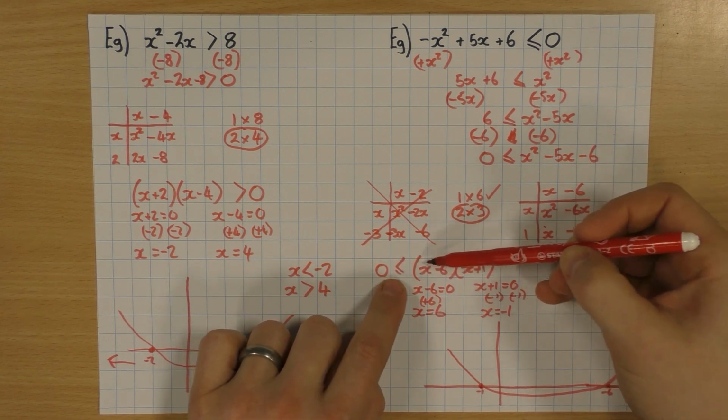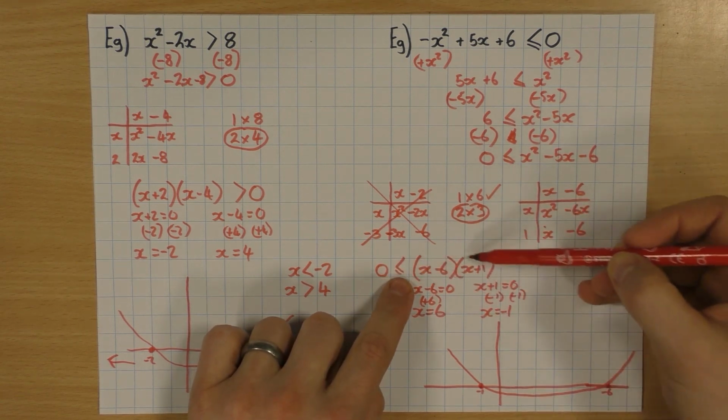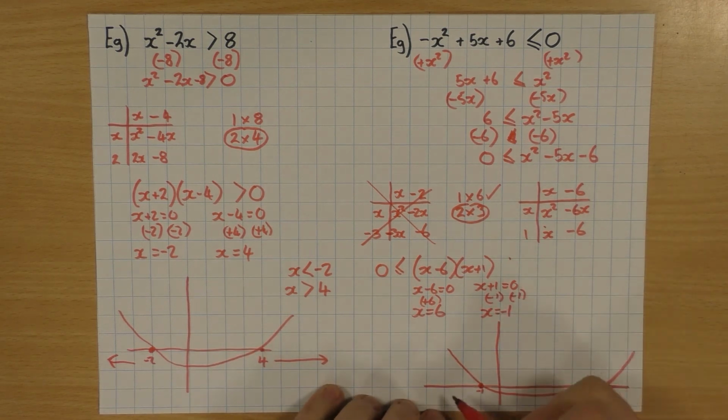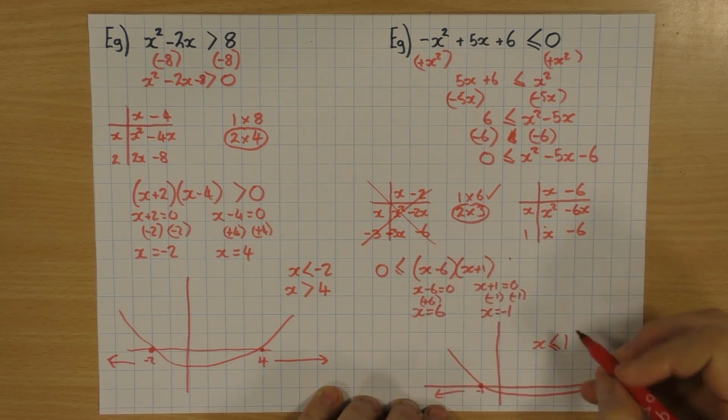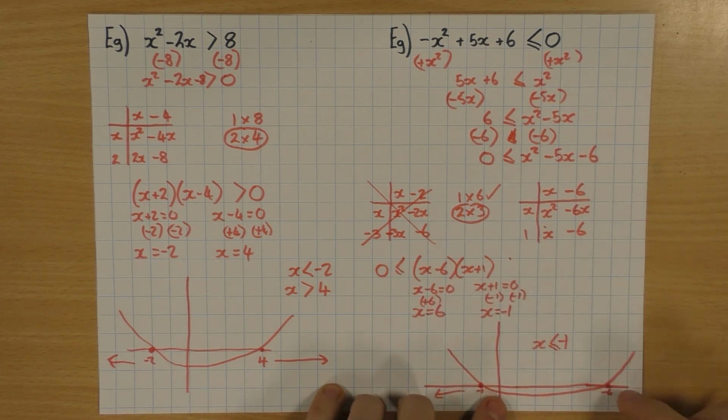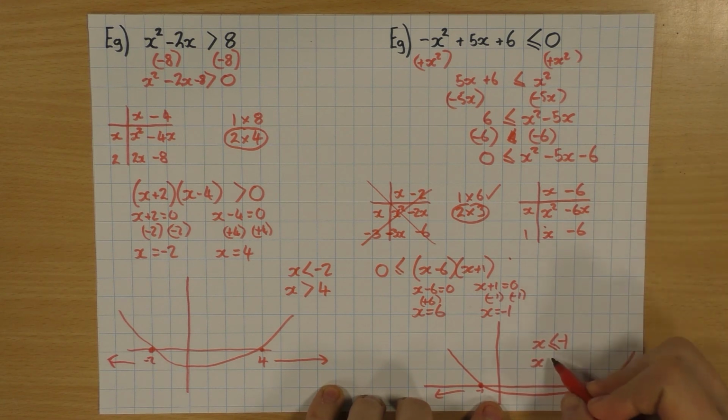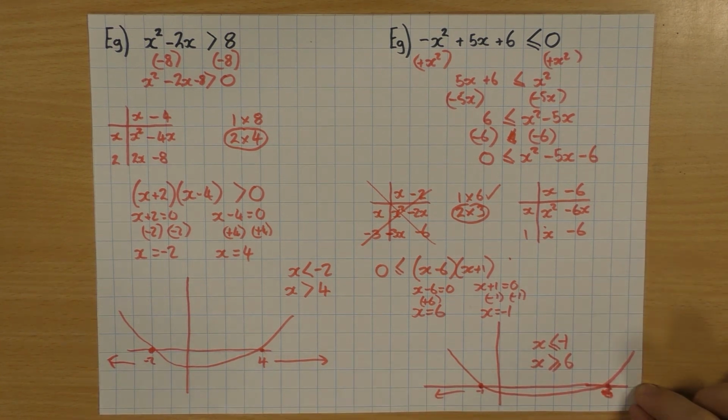So 0 is smaller, which means this must be bigger. So when are we bigger? Well, when x is really, really small. So x is less than or equal to, again in this case, minus 1. And when x is really, really big, so when x is greater or equal to 6. I don't know why I put minus 6 there. That should be a positive 6.